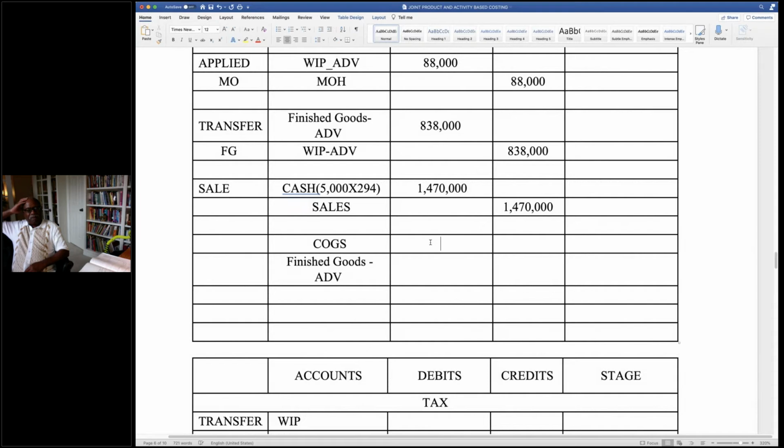All right, what was our cost for the advance? It was 523,750. And I think we have to make a T-chart for that one too.